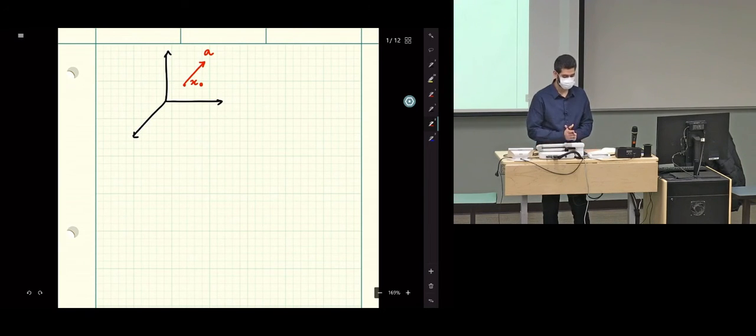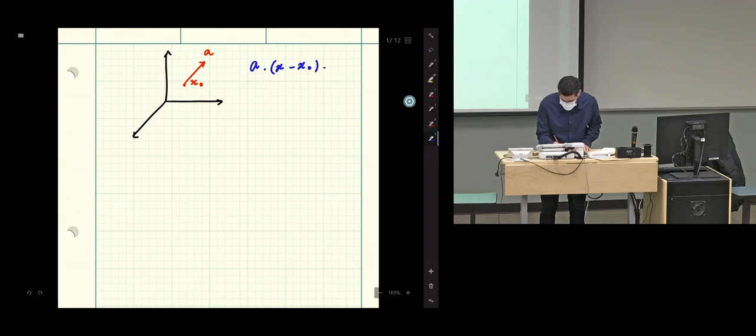Now consider all the points such that if we create a vector relative to x0, it will create a 0 dot product with A. So A dot product with x, any arbitrary point in the plane relative to x0, will be 0.